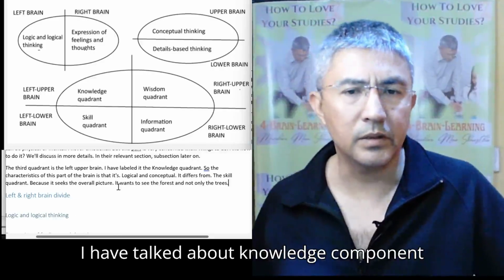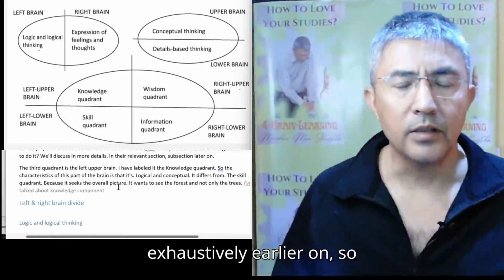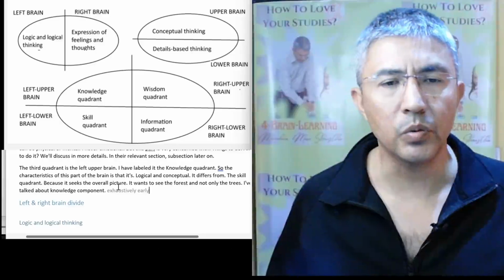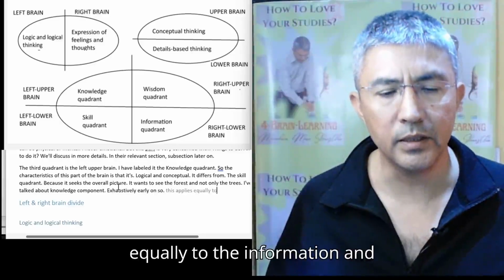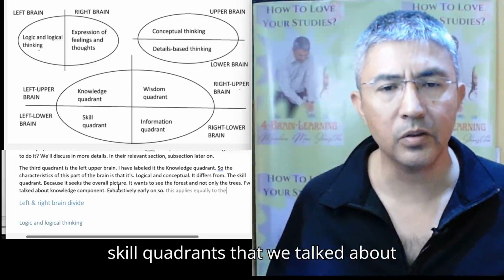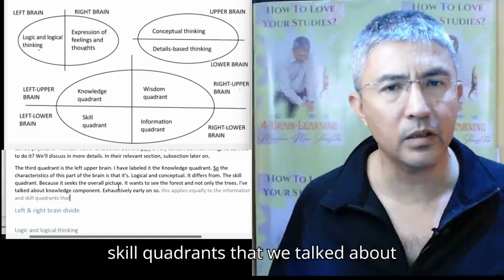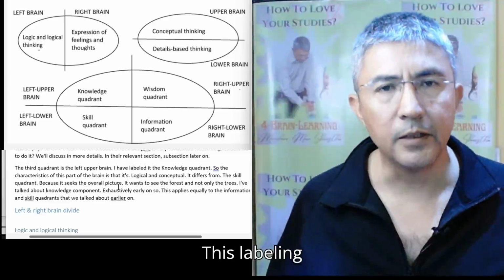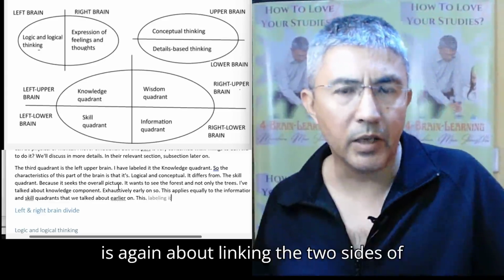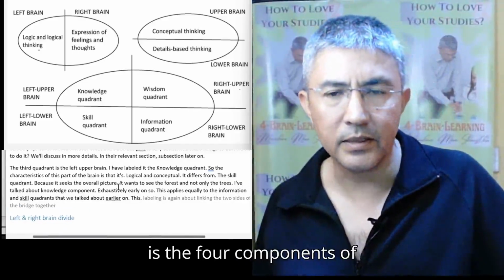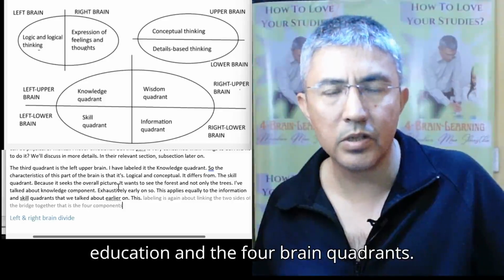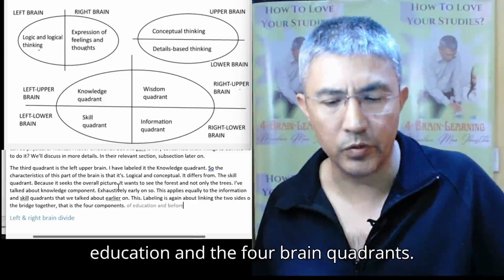I've talked about the knowledge component exhaustively earlier on, so this applies equally to the information and skill quadrants that we talked about earlier on. This labeling is again about linking the two sides of the bridge together, that is, the four components of education and the four brain quadrants.